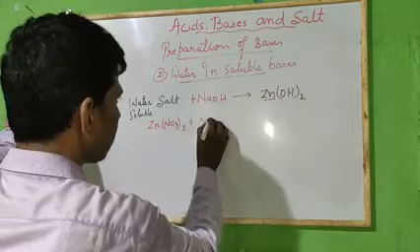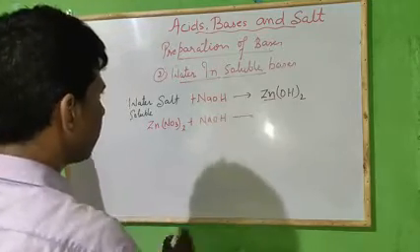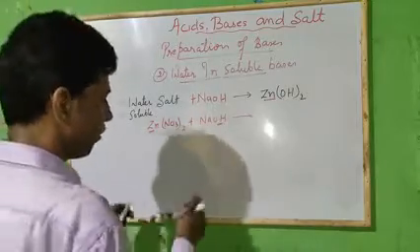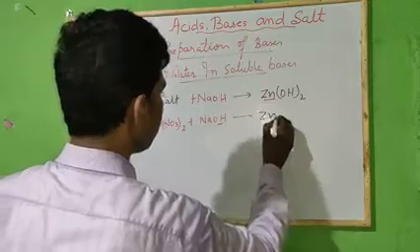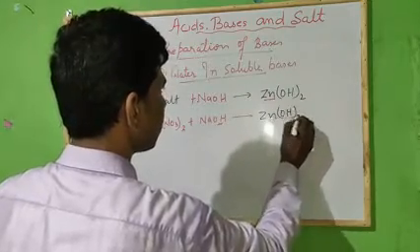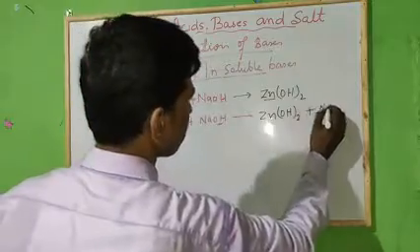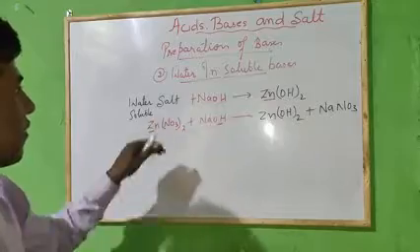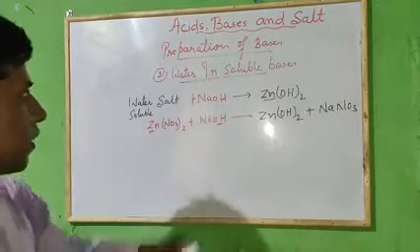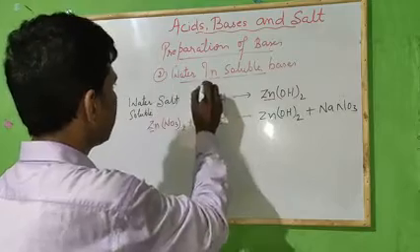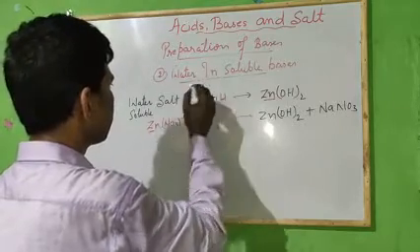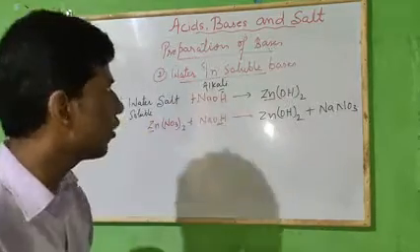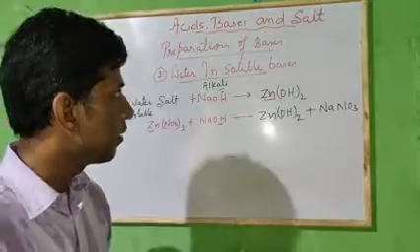When it comes in contact with sodium hydroxide, zinc from here and hydroxide from here will form zinc hydroxide, a water insoluble base, plus sodium nitrate. Clear? So keep in mind what alkali we take, what water soluble salt we take, and after the reaction between these we get water insoluble bases.